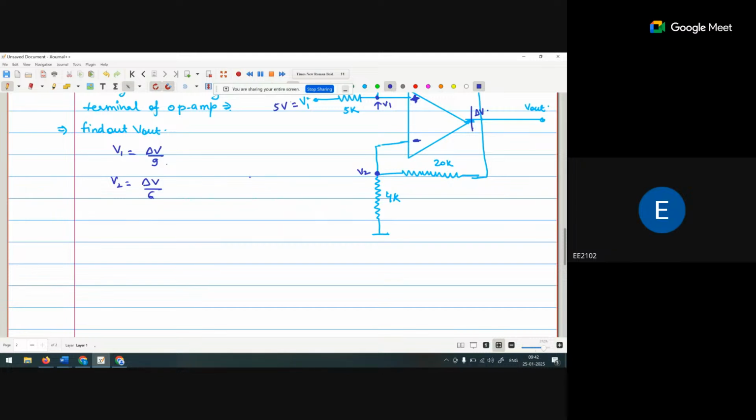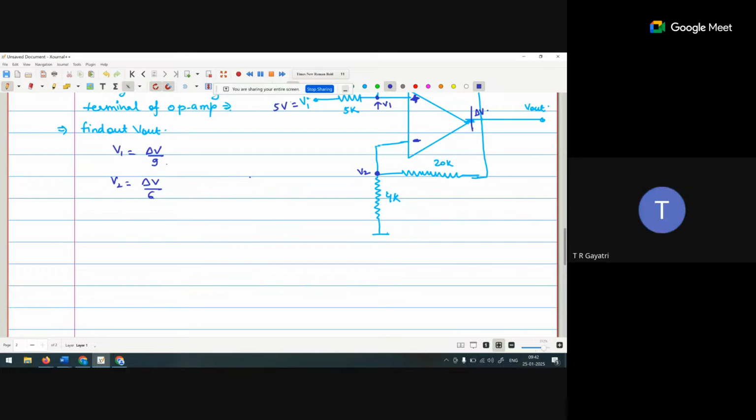V1 is equal to 8 VI by 9 plus V out by 9, and V2 is V1. Okay. So what is the value of V out?